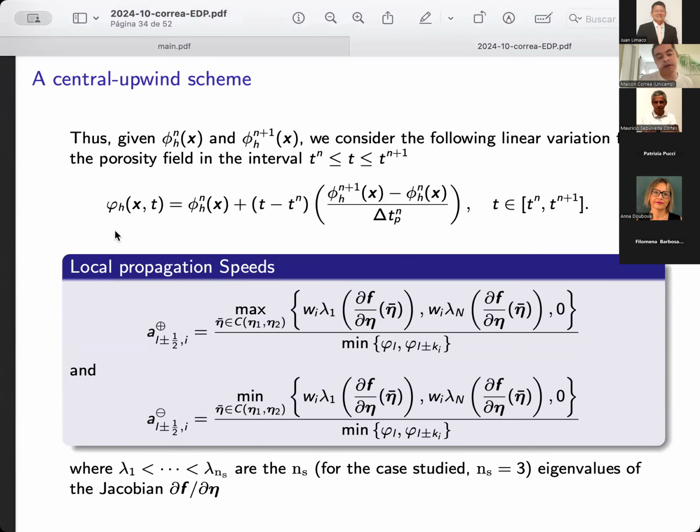So this here is the idea. We need to interpolate the porosity and evaluate some local propagation speeds. And then go to the central upwind scheme. That's pretty simple. And then the final form is pretty simple. You have local fluxes, and you need to evaluate these local fluxes.